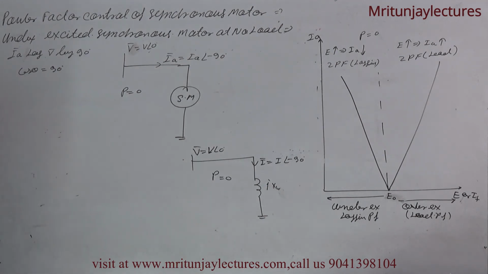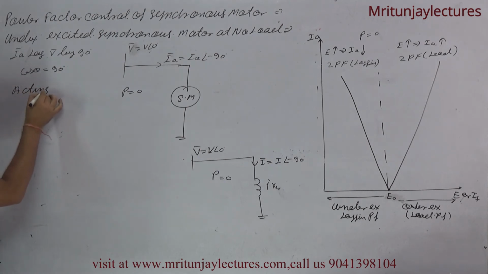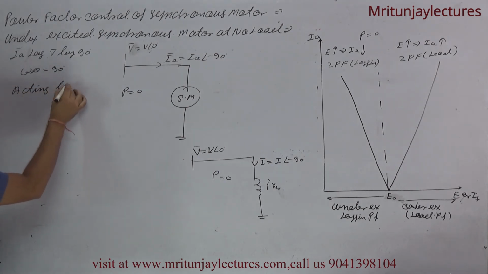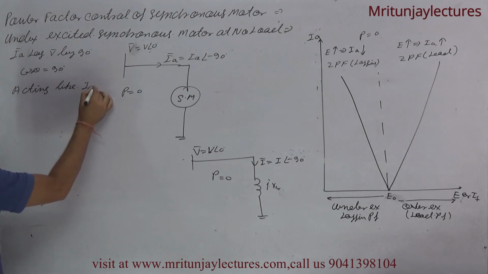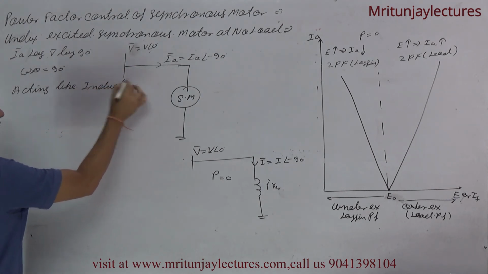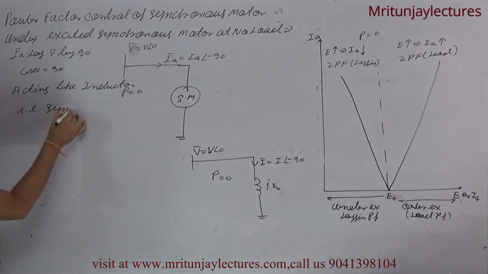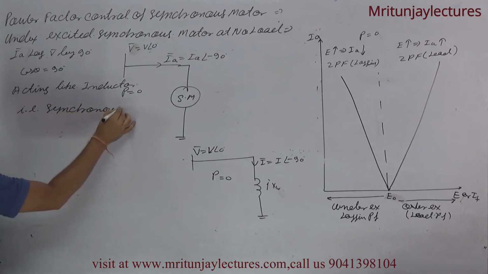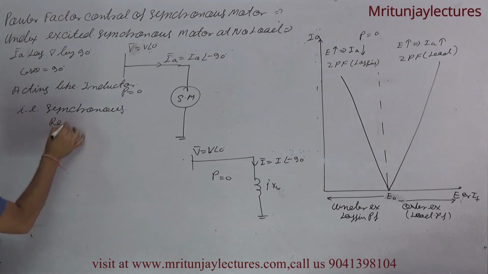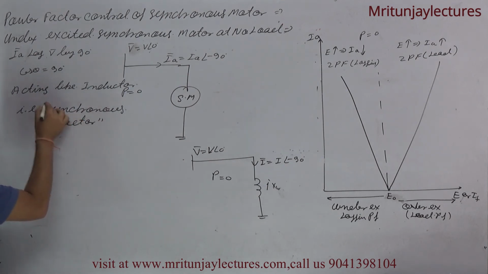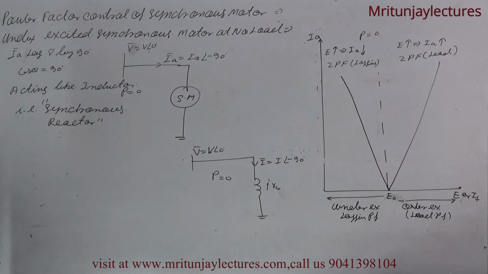Now, IA lags V by how much angle? 90 degrees. It is acting like an inductor. That is called a synchronous reactor.